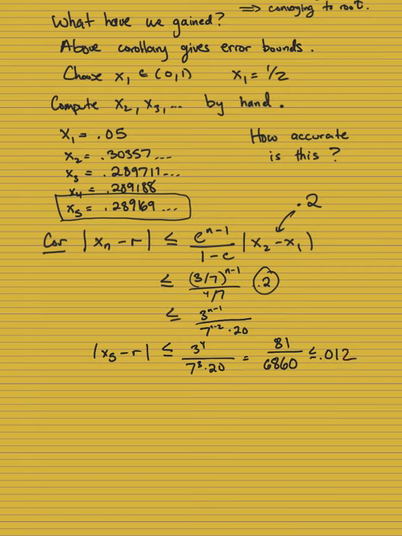Okay, so pretty good. You only got to go 5 terms out, and you got within a 100th essentially of the root that you were interested in.